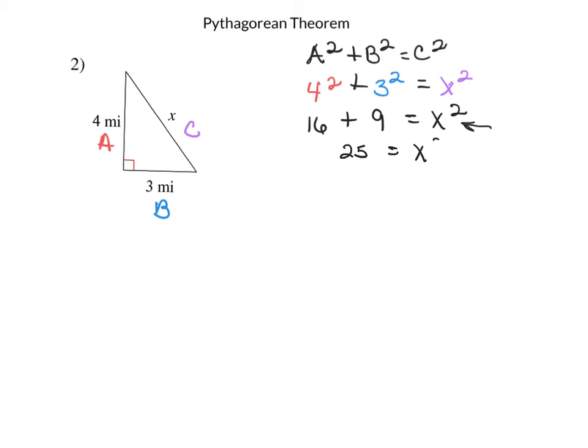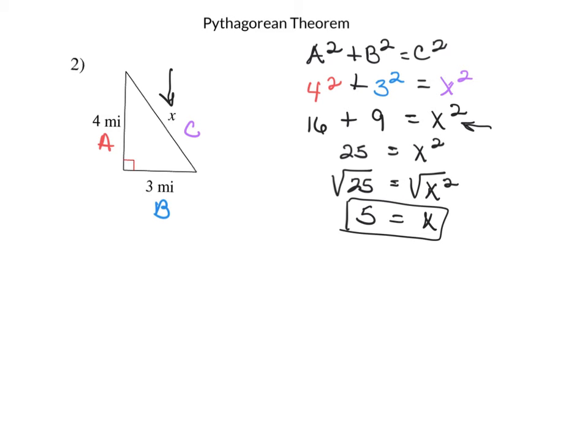So 25 equals x squared. Now we're looking for x, not x squared. So we need to take the square root of x squared. And if we take the square root of x squared, we also need to take the square root of 25. So 5 equals x. So this number here would be 5.